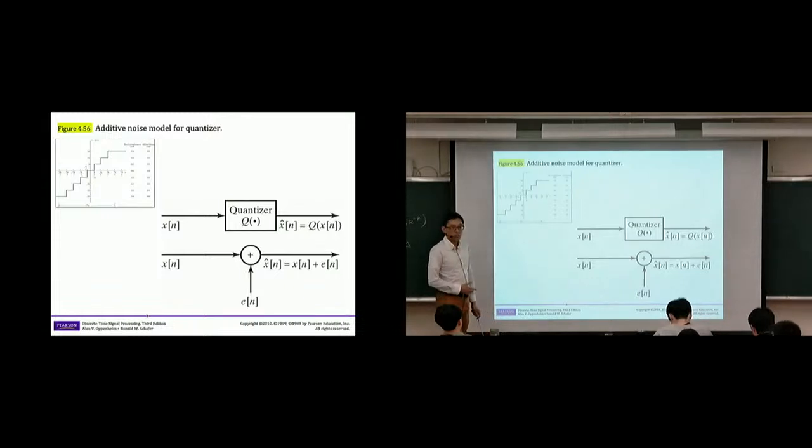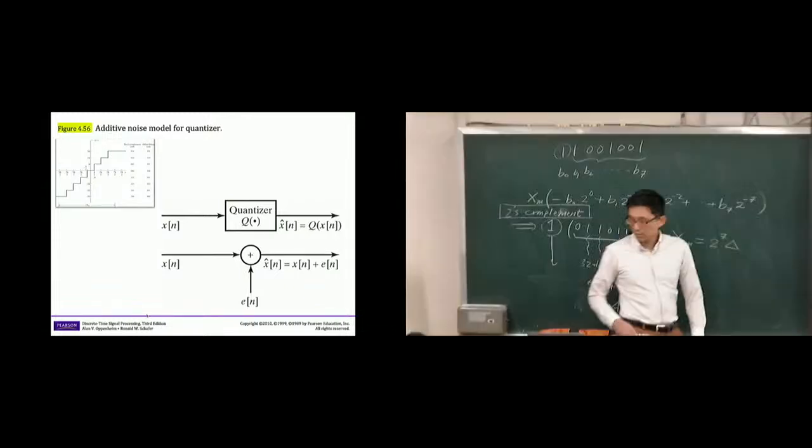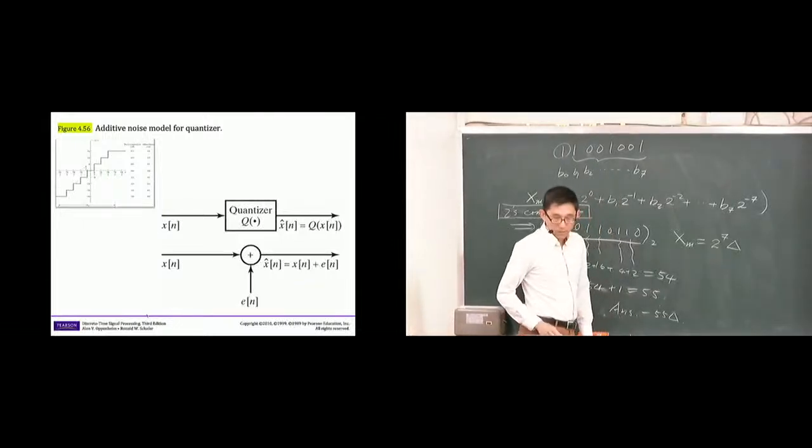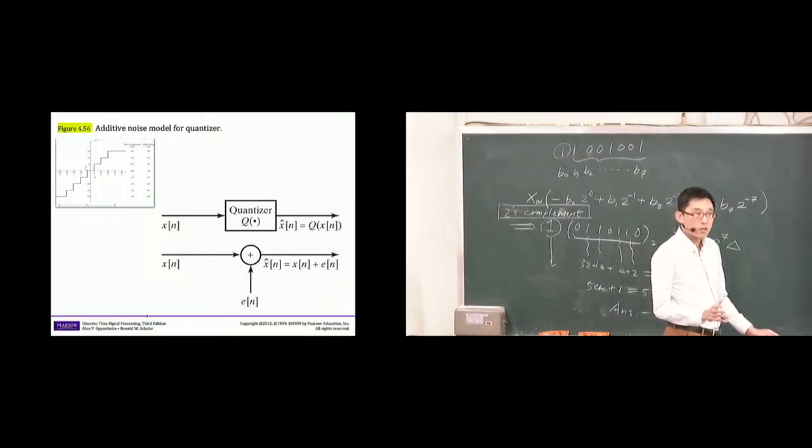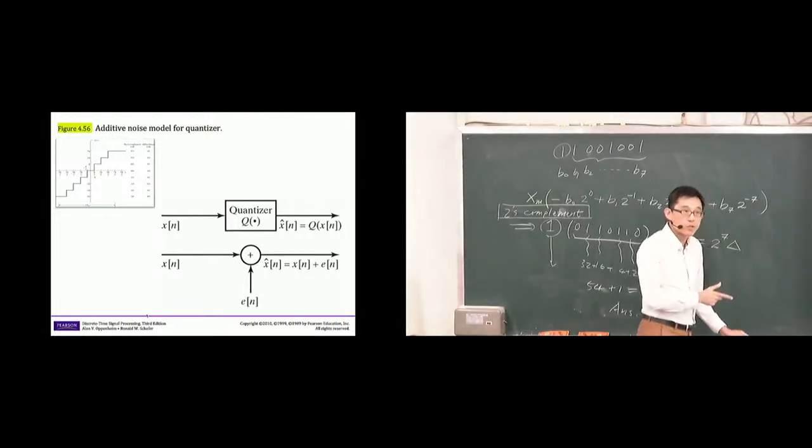Something for you to ponder, and this is important. Any comment here? Is it clear what I'm trying to say? Is it clear to all of you? Quantization introduces error.